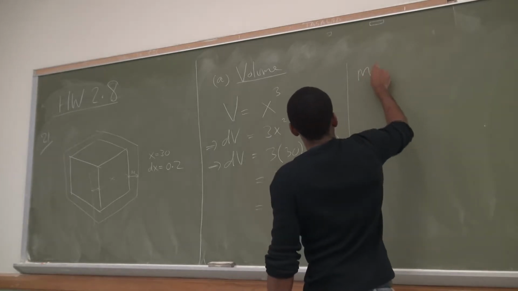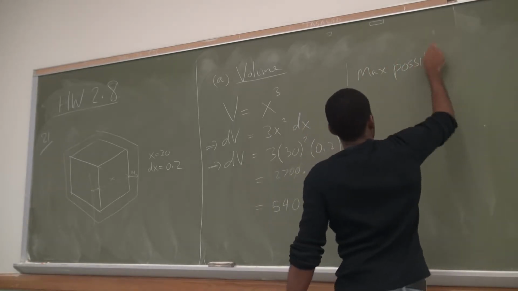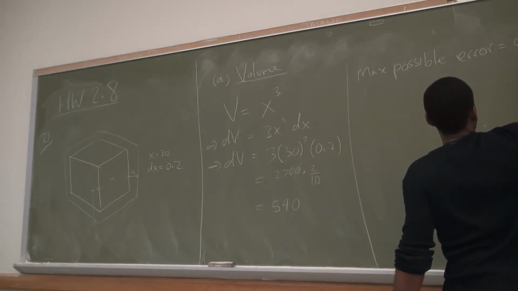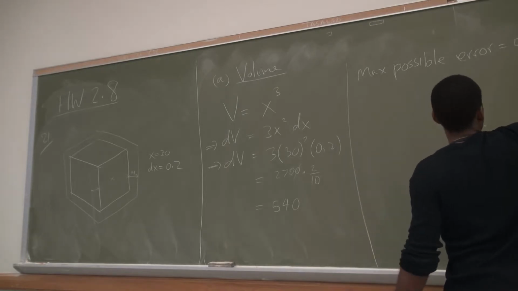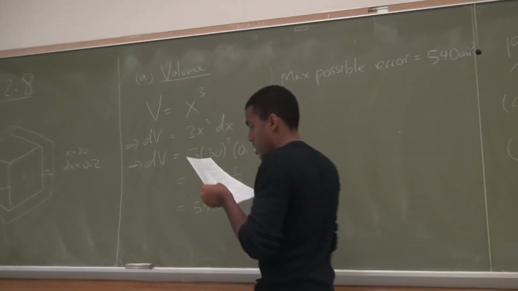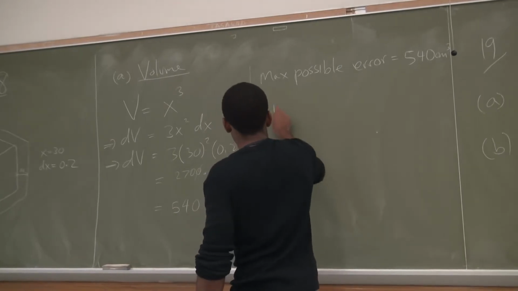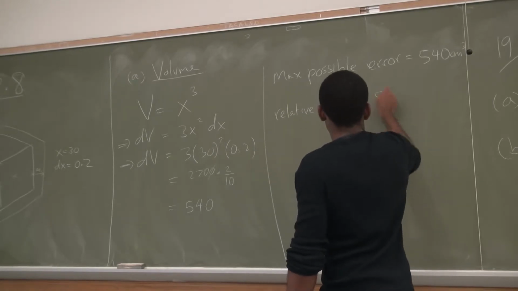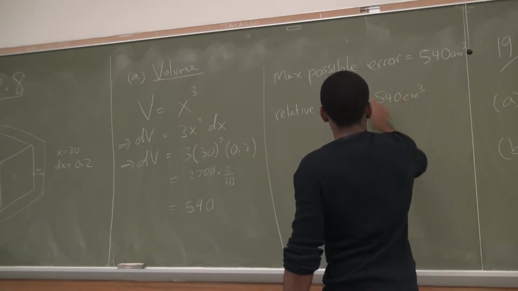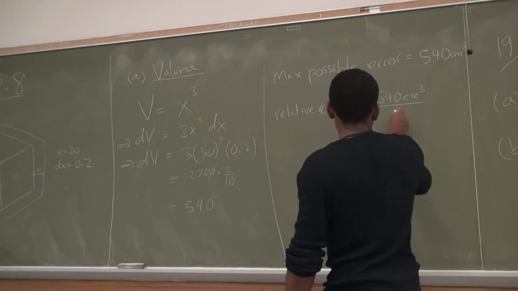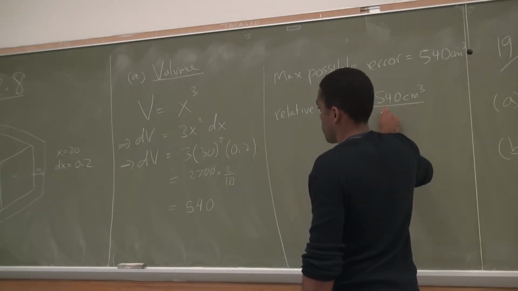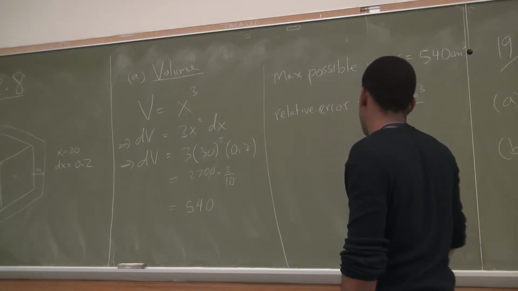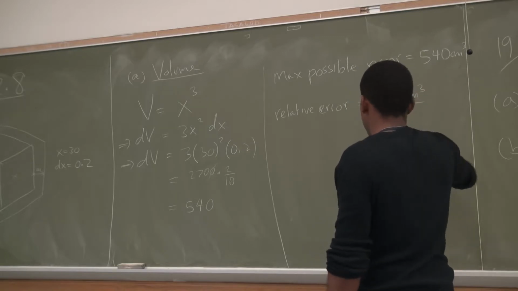So the max possible error equals 540 centimeters cubed. It also asks for the relative error. This is just 540 cm cubed divided by the actual volume, which is 30 cubed.